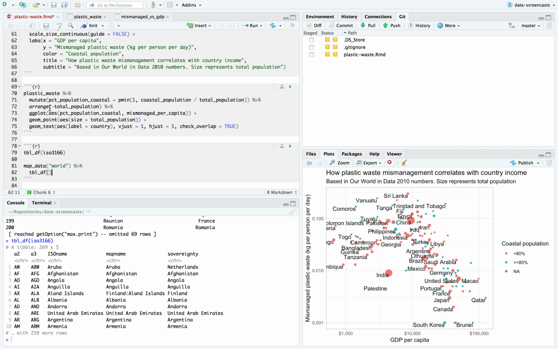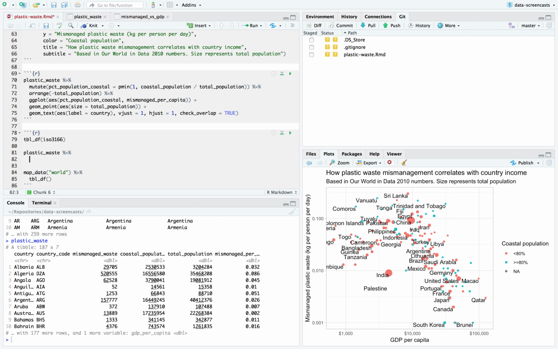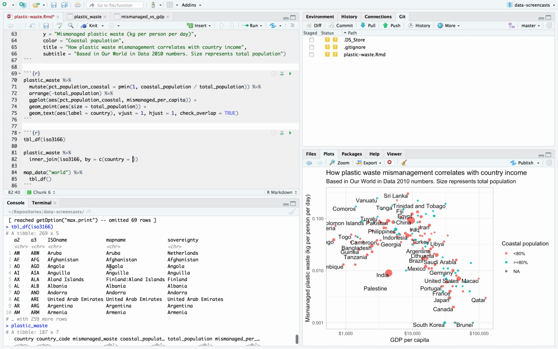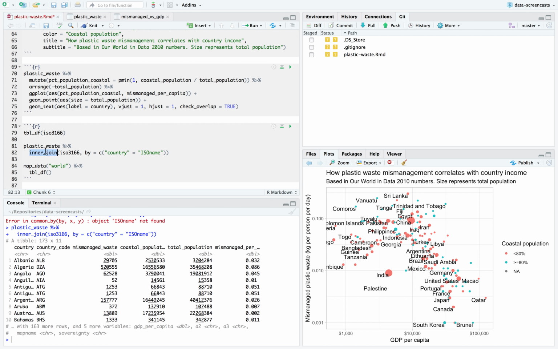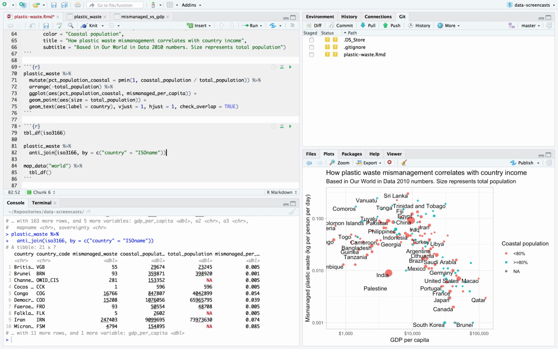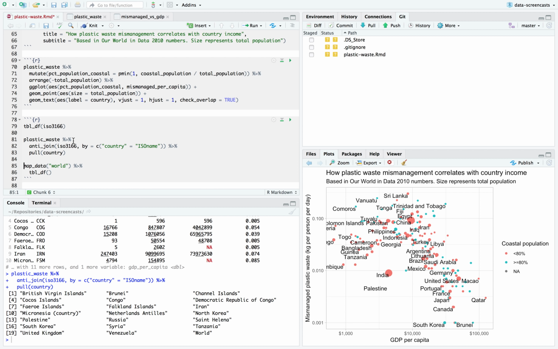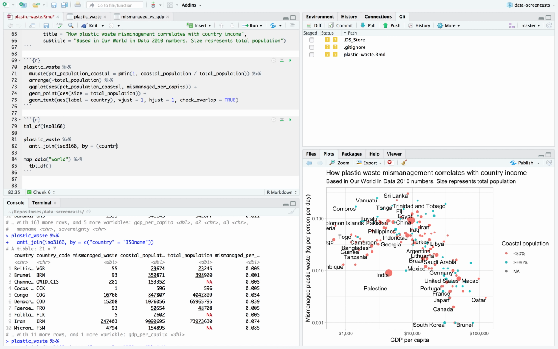All right, so what I can do is take my plastic waste data set and filter, let me see, nope, inner join with ISO 3166 by country matching to ISO name. Which didn't match. An anti-join is always a good idea. Instead of country, I'm going to do it based on the country code.